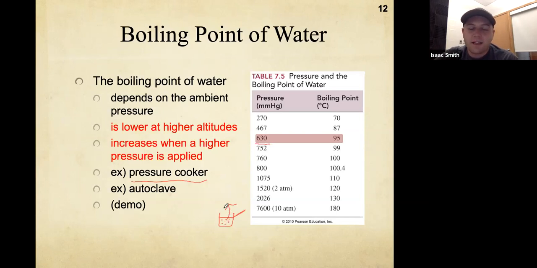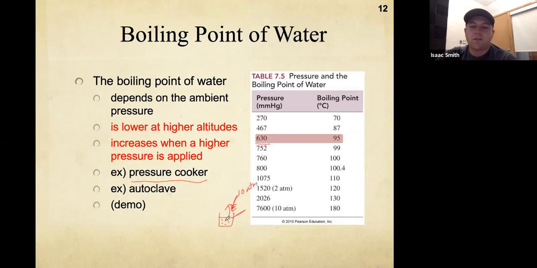And that's because the atmospheric pressure is 1 atmosphere, and the vapor pressure of water at 100 degrees Celsius is 1 atmosphere as well. So the only way to get water hotter than 100 degrees Celsius is to add more pressure. Now let's say you have 10 atmospheres of pressure.